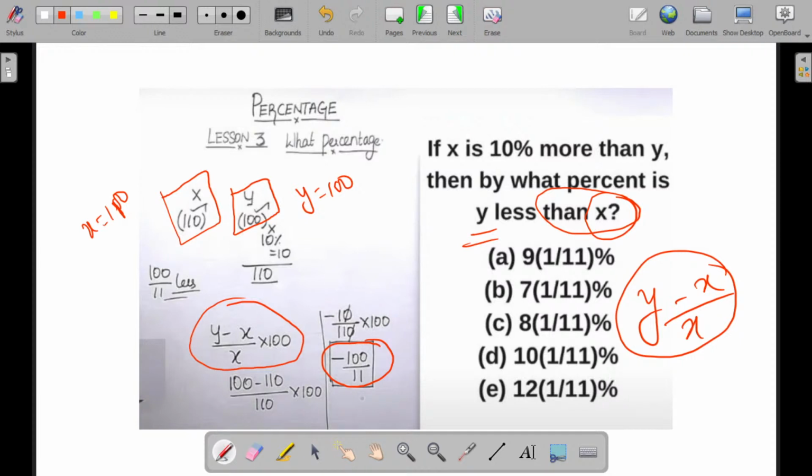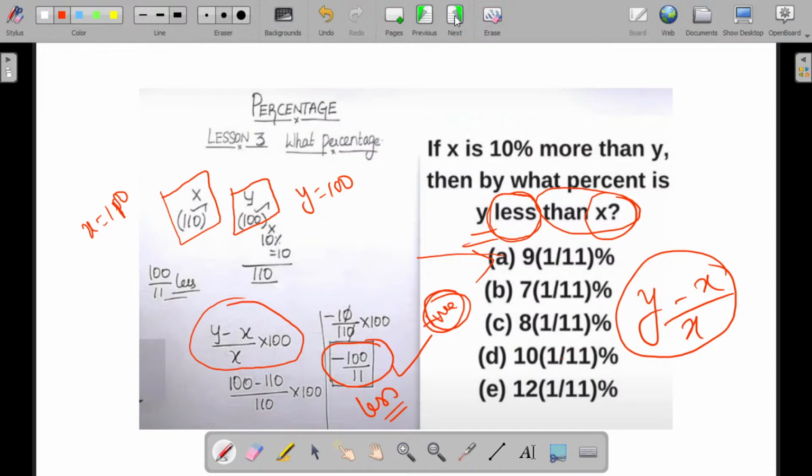Minus means less, as given here. Less means a negative value, more means a positive value. So the answer is the first one, 100 by 11.